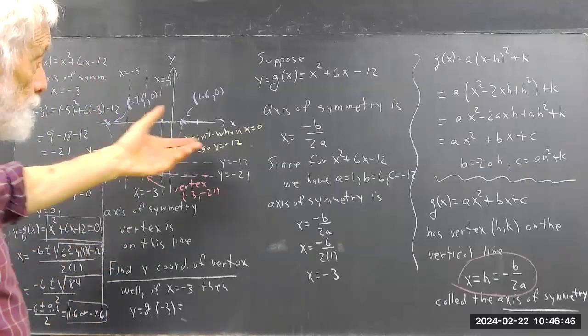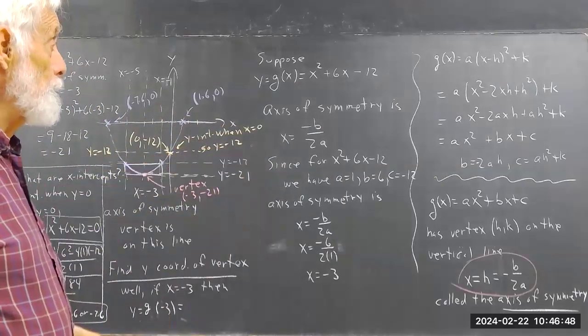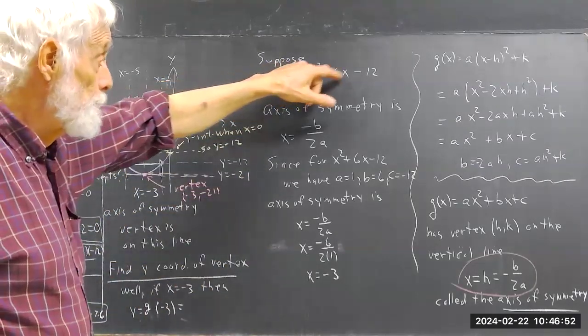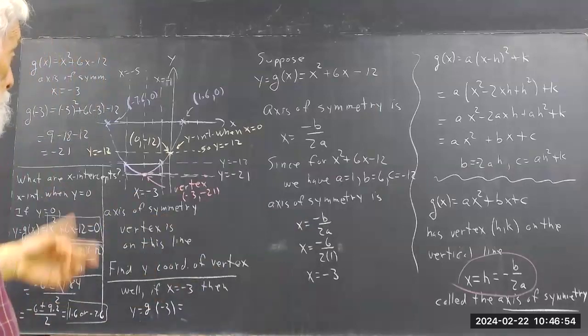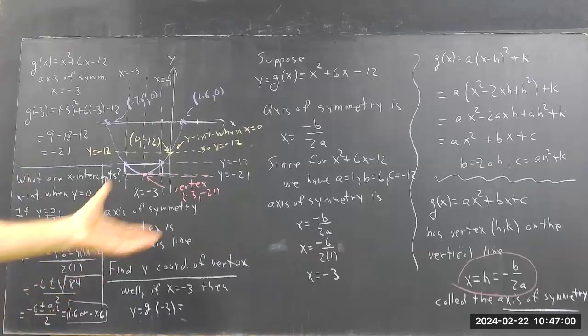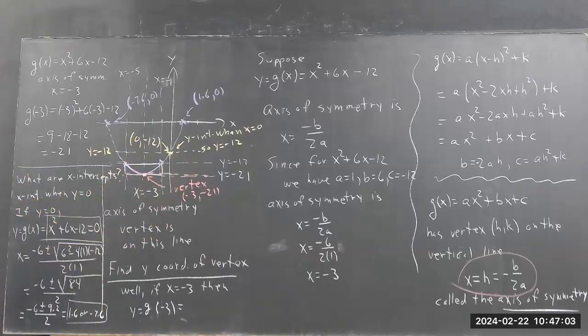Finally, it's very easy to get the y-intercept. The y-intercept occurs when x is 0. You plug in 0, you get the y coordinate, and the x coordinate, of course, is 0. And if you put that picture all together, that's a pretty good picture of quadratic functions and quadratic graphs.